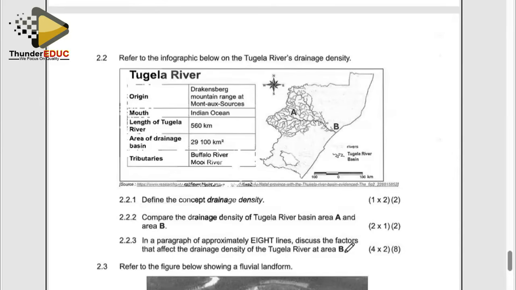Right, what you need to note here when you're looking at density is that we can simplify it, and you will derive geographical sense. We can define density as the total length of streams in a drainage basin. Or we can look at it as the total number of streams.